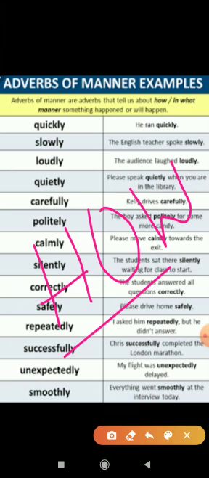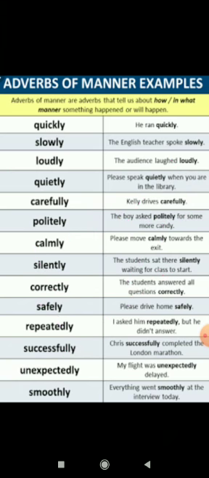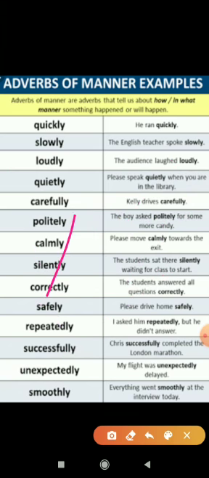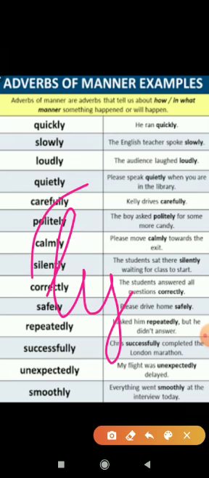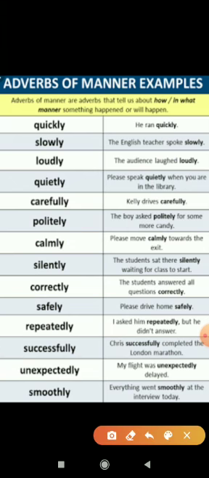We make adverbs of manner by adding ly to adjectives. In these examples, we can see endings. They all end in ly.